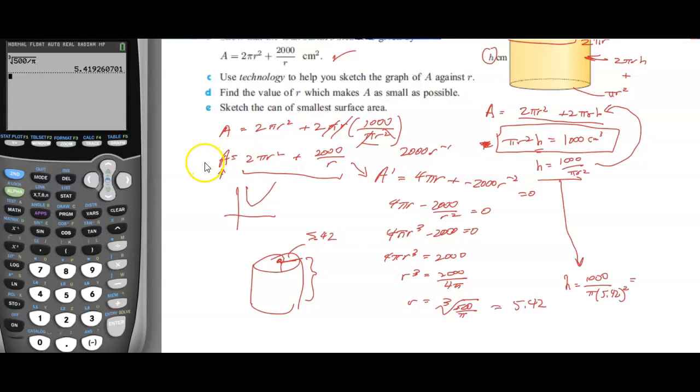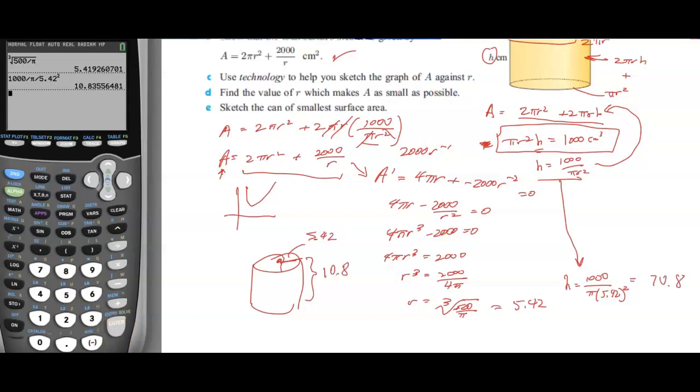And so if we put that in the calculator, we would have 1,000 divided by pi divided by 5.42 squared. Enter. And so it'd be 10.8. So then our height is 10.8.